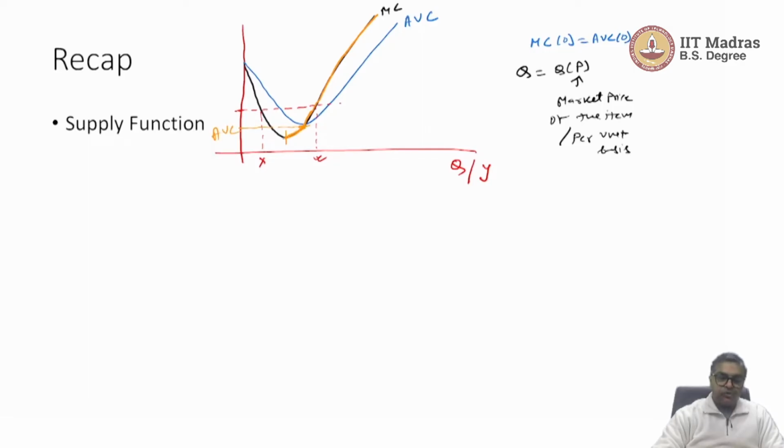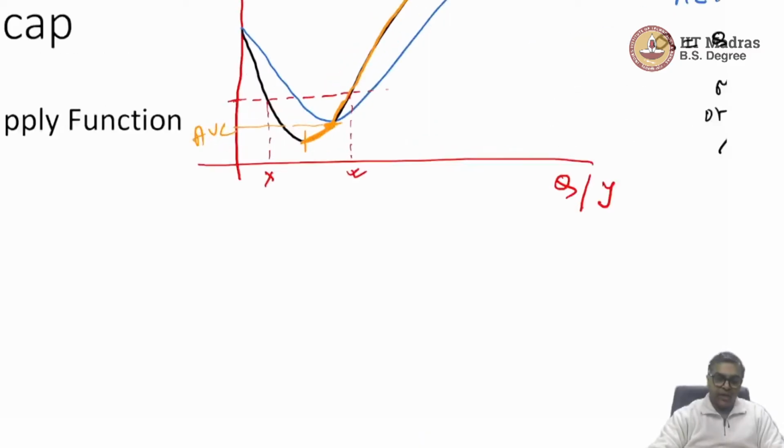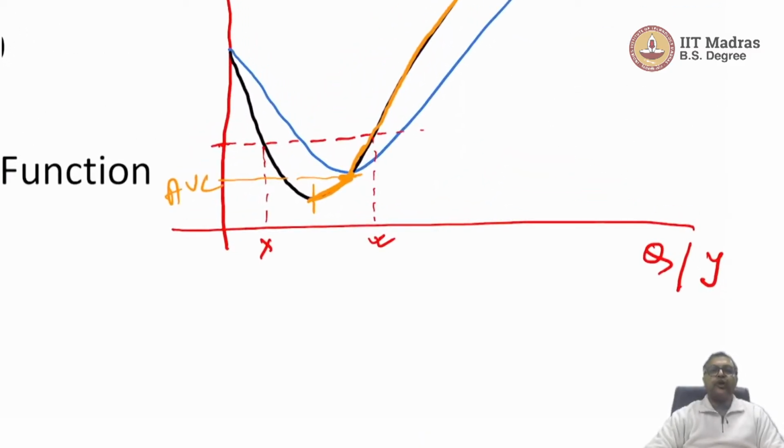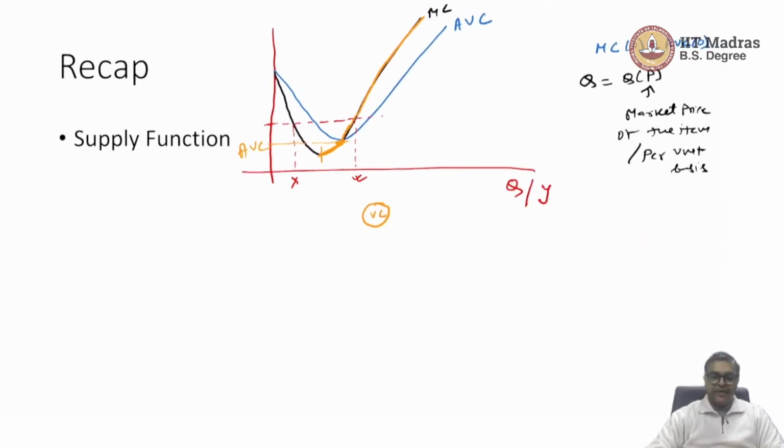Here it is not a good idea to produce anything. Why is it not a good idea? Because you are not even able to recover your variable cost. When you produce, you incur variable cost, and the price is so low that you are not even able to recover your variable cost from the market. So, you should not produce anything when your price is lower than average variable cost. This is called shutting down the operation.